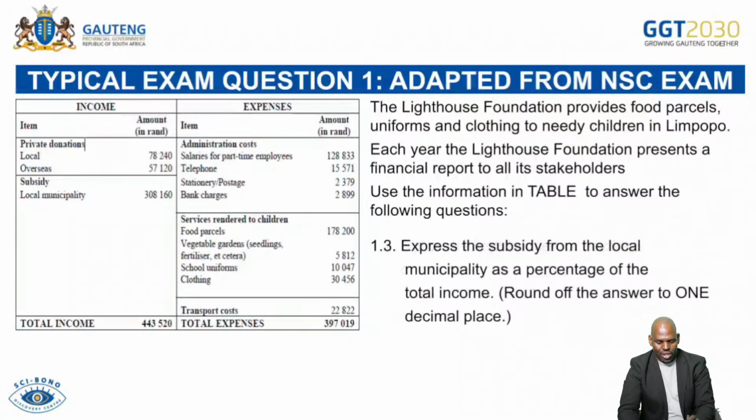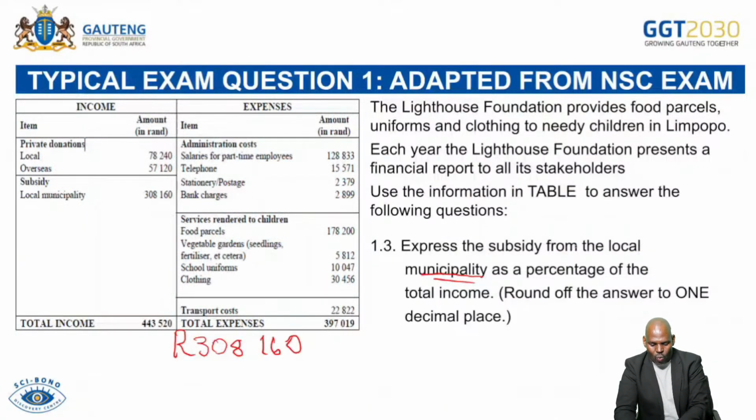Okay, then the next question is: express the subsidy from the local municipality as a percentage of the total income. So now we have to go and check. We know that the subsidy from the local municipality is 308,160 rand.